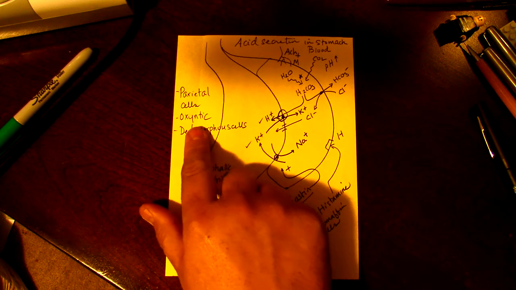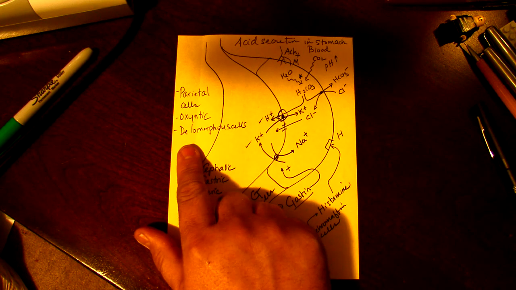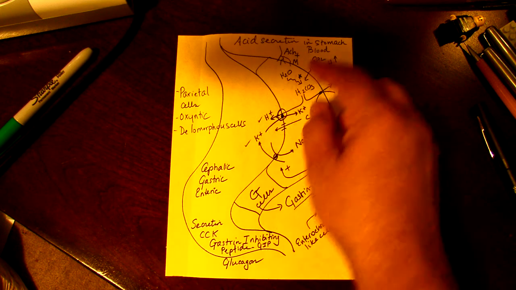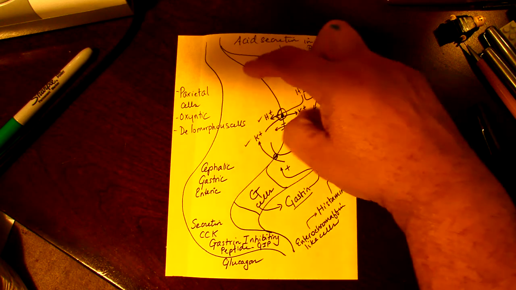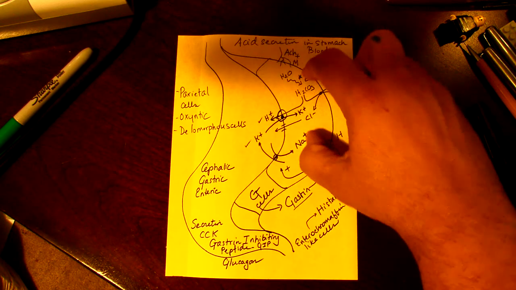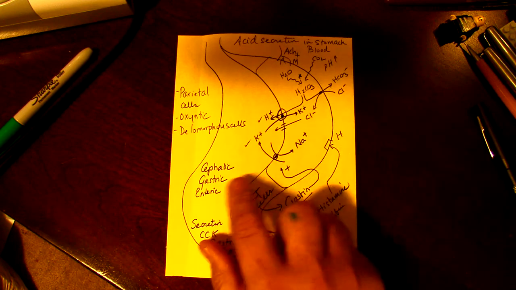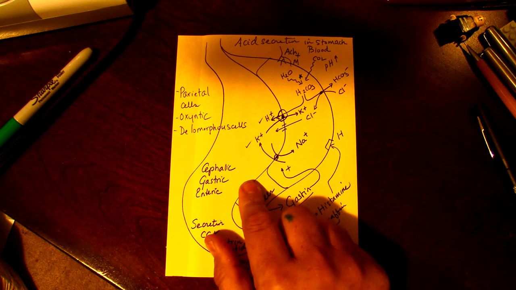Parietal cells, which are also known as oxyntic cells or delomorphous cells, in the human stomach are located in the fundus area as well as in the body of the stomach, in the gastric mucosa.